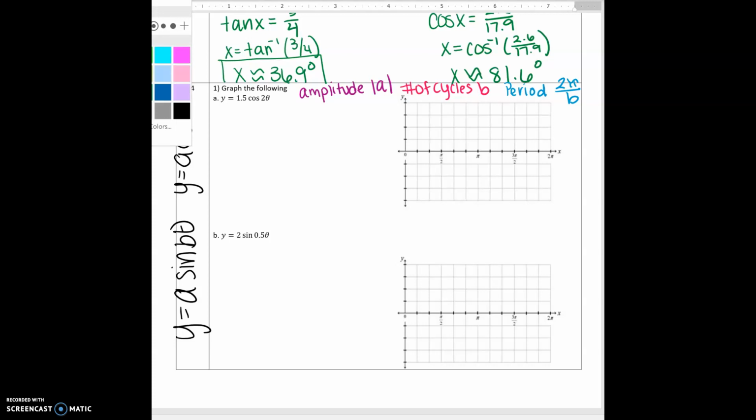So we're going to look at A, which is right here because it's in front. So we're going to look at the absolute value of 1.5, which is equal to 1.5. So this is saying that the highest it can go is 1.5 and the lowest it can go is negative 1.5. So if I say this is 2, this is 1, negative 2, it can't go past right here or right here.